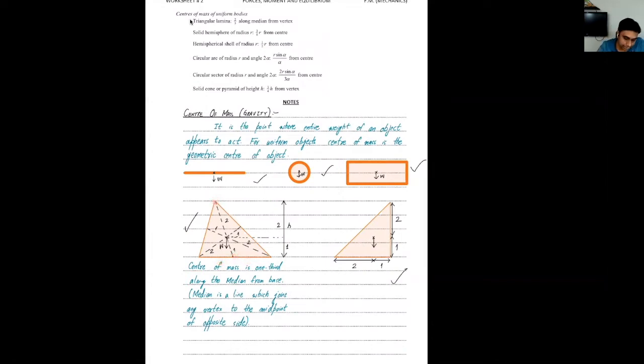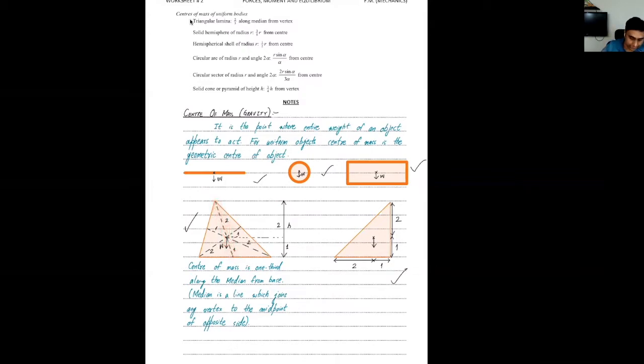So once you have drawn a median, how will you draw it? From the vertex to the midpoint of the opposite side. And once you've drawn that median, if you divide that median in the ratio of 2:1, 1 nearer to the side, 2 nearer to the vertex, then the point at which it is divided in the ratio of 2/3 and 1/3, that point will be your center of mass or center of gravity. And you can find this point by considering any vertex and its corresponding opposite side.